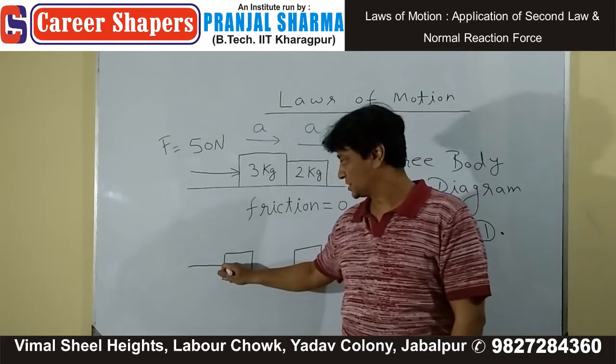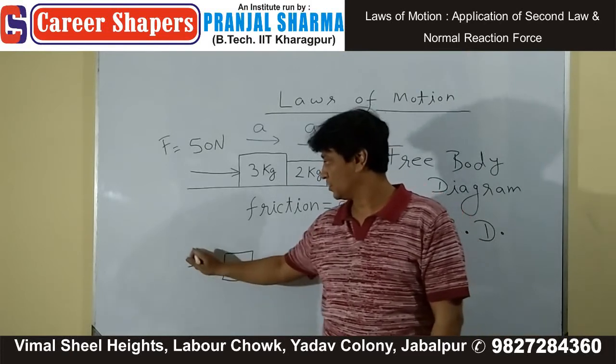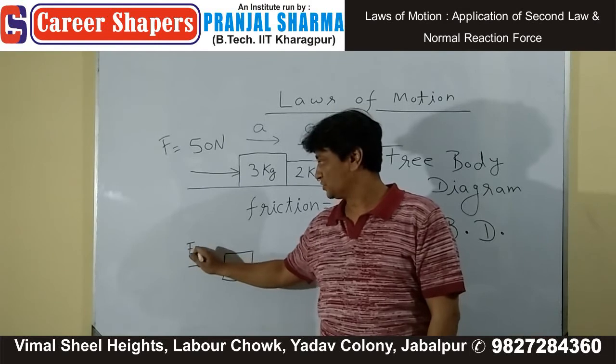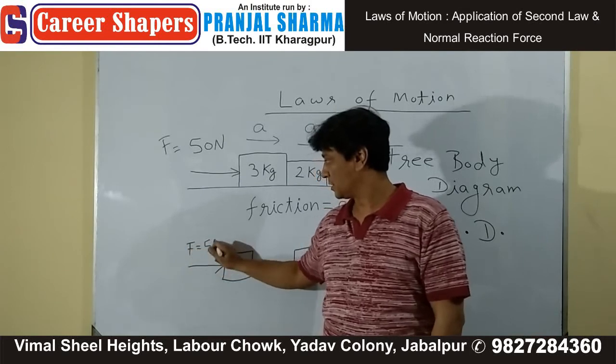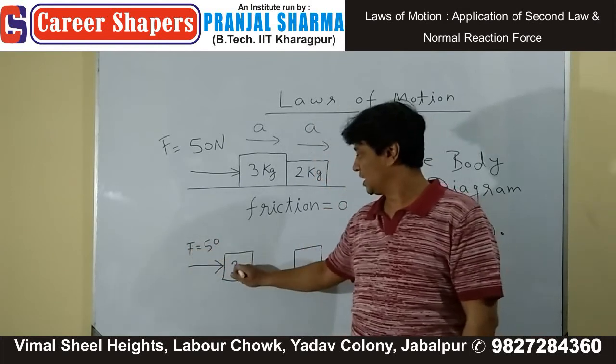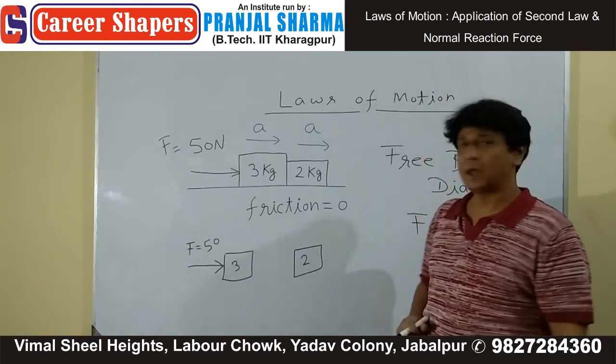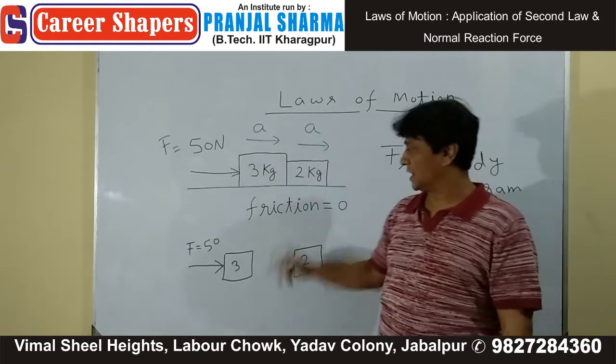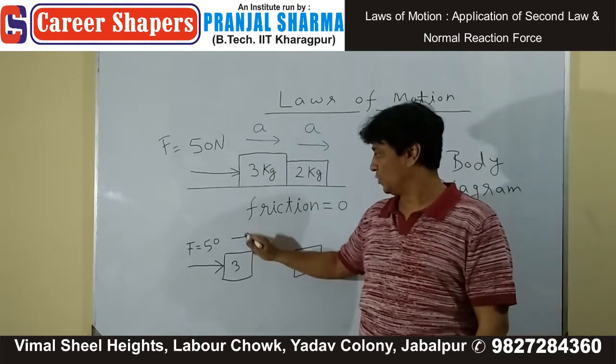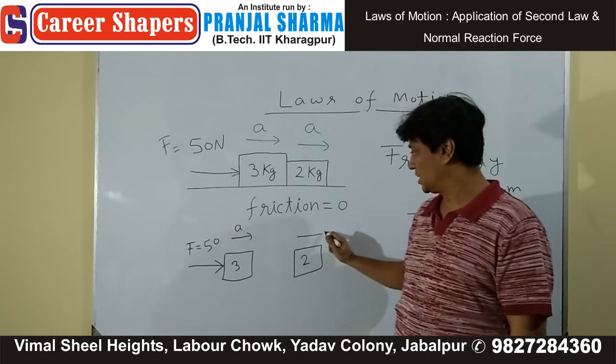A force is coming from this side, which is 50. This is 3 kg, this is 2 kg, and logic tells us that they are moving in this direction with acceleration a.